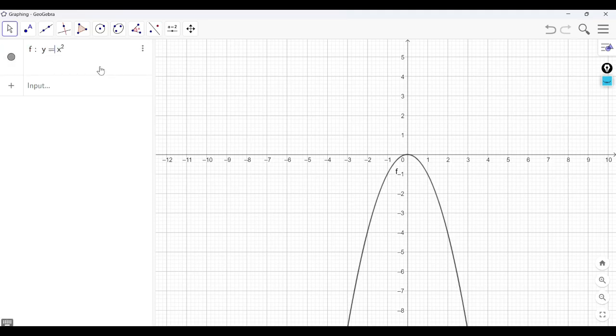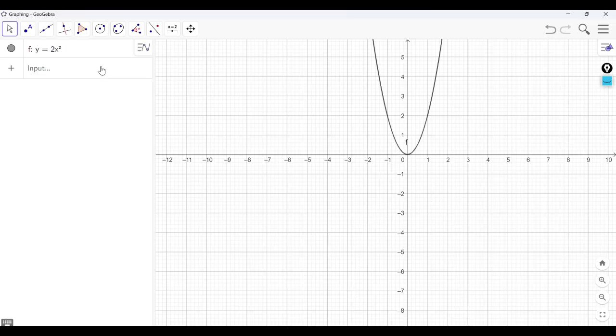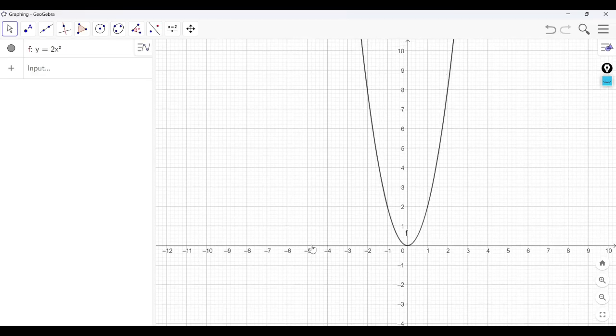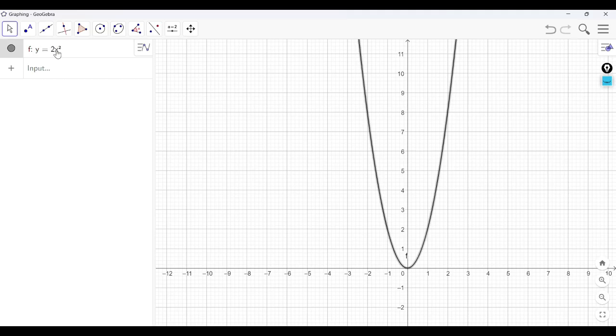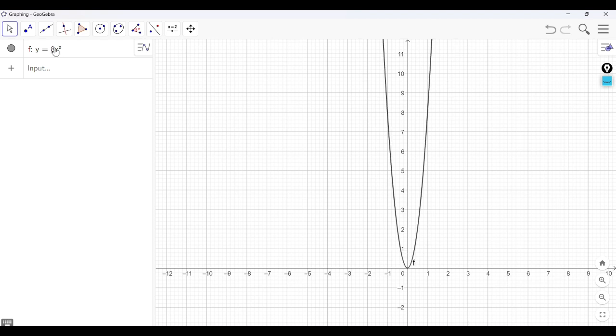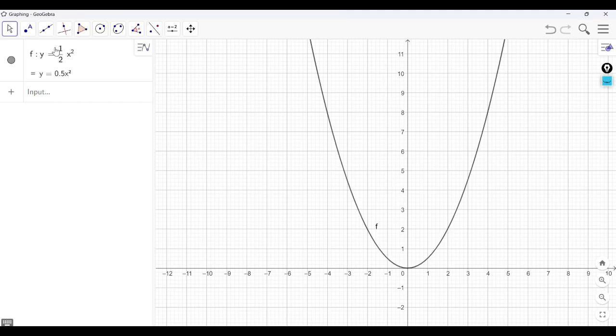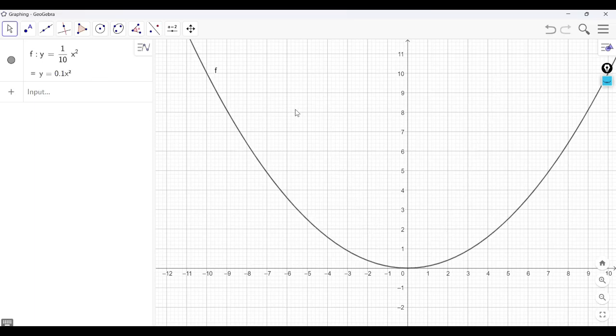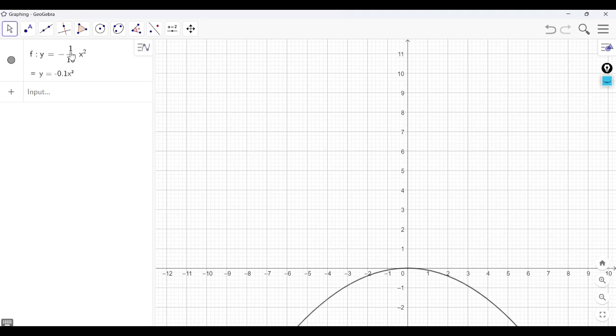And you can even put a number like 2, and that just makes it more steep, so it goes up more quickly. If I put in the number 8, it'll be even more steep. And if you put in something like a half, you flatten it out more. So the smaller this number is, the more flat the graph becomes. And if it's negative, you flip it around so it goes down.